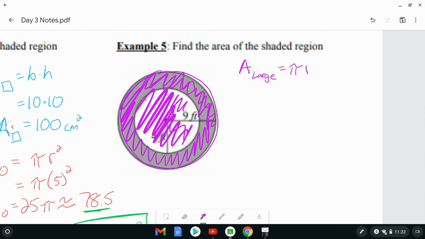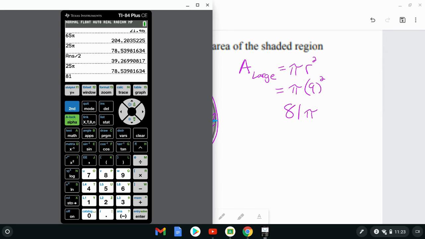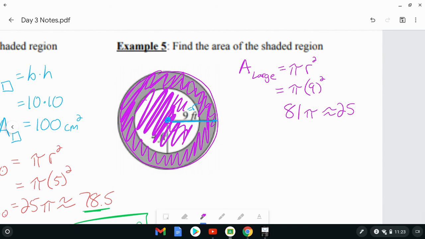It's pi r squared, and the radius, the distance from the center to the edge for that large one, is going to be 9. So we have the area of the large circle is pi times 9 squared. You end up with 81 pi, which in your calculator would be roughly 254.5. So that's the area of the entire thing.